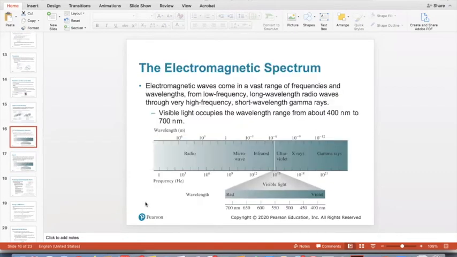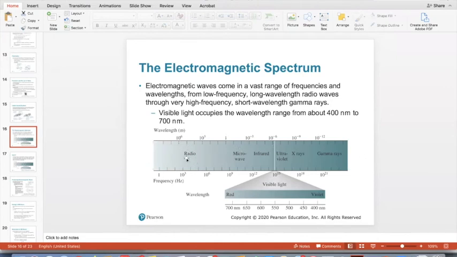Okay, so electromagnetic waves we call light. All of this that we see here describes light. Light can be anything from very high frequency gamma rays, like what created the Incredible Hulk, to very low frequency, what we call radio waves. But this is all light.